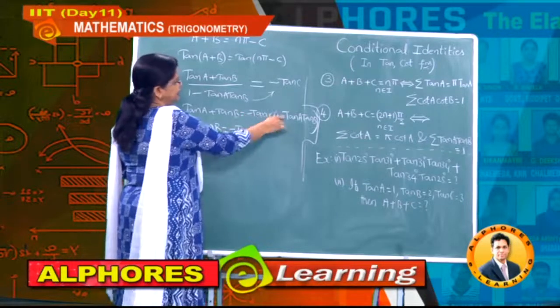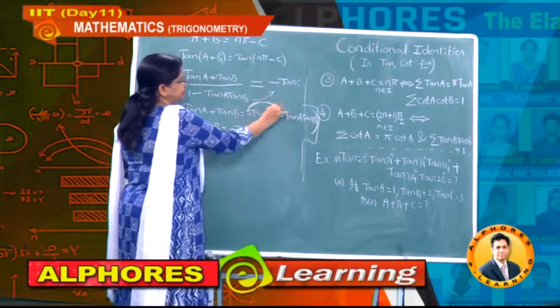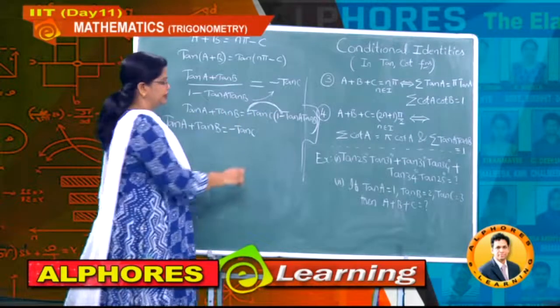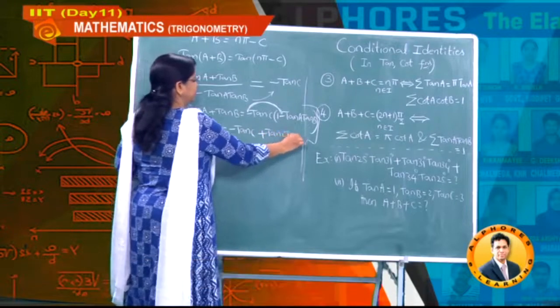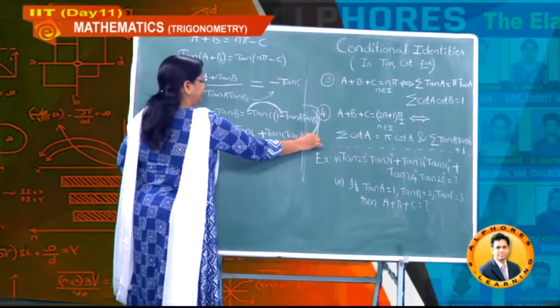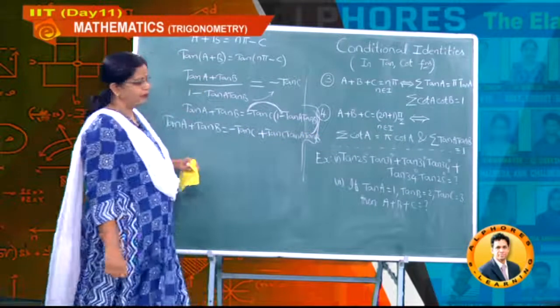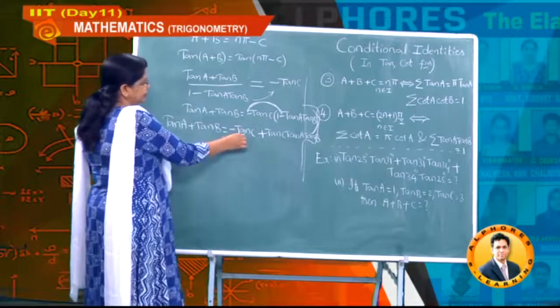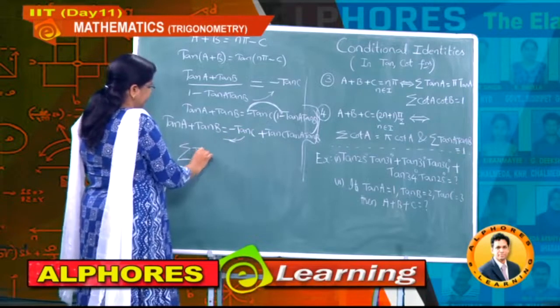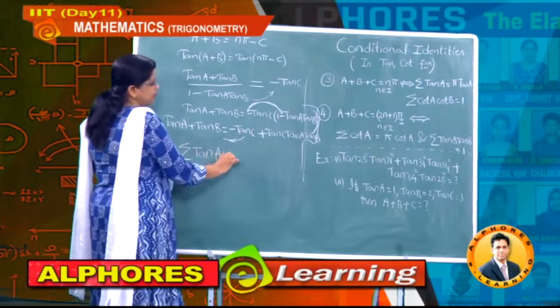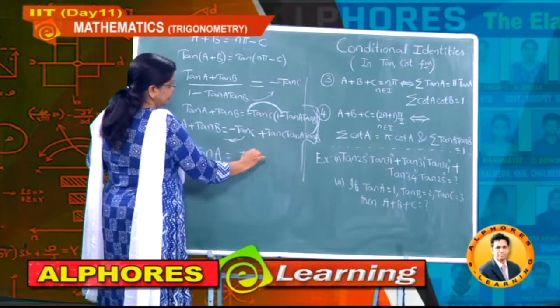After that, minus into minus is plus, therefore plus tan c tan a tan b. So this is the value we obtained. Now finally take minus tan c to this side, so that you get sigma tan a, and on the RHS you get pi tan a.